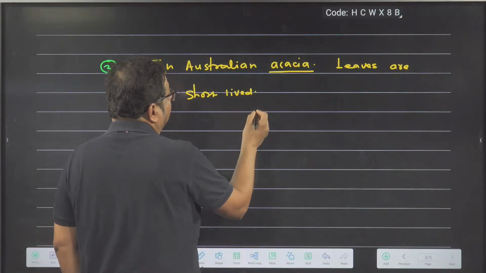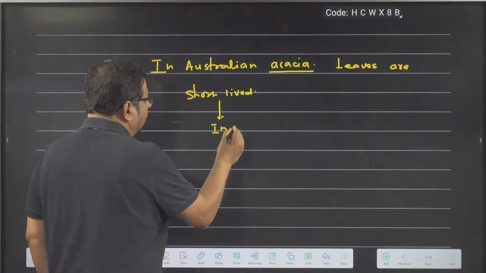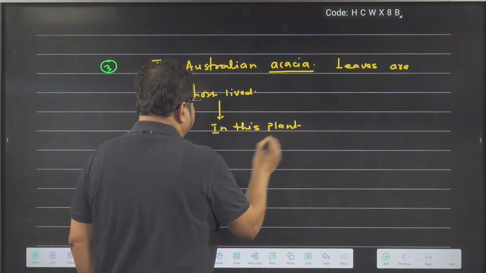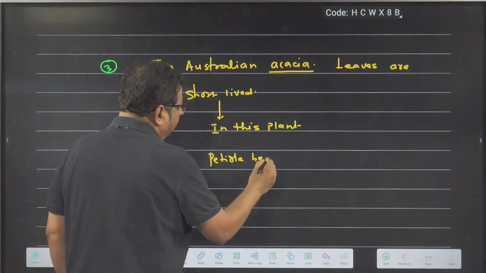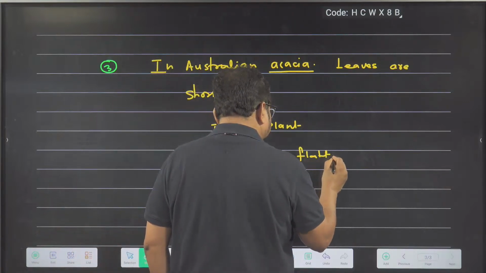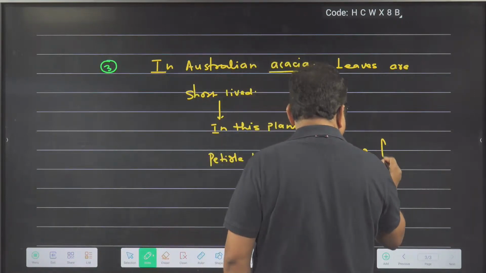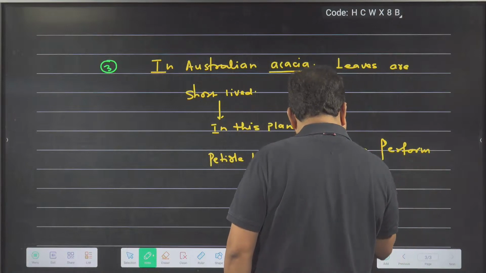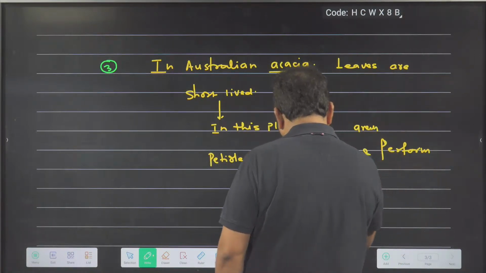Then who performs the photosynthesis? So in this plant, the petiole becomes flattened and performs photosynthesis. It becomes flattened, green, and performs photosynthesis.